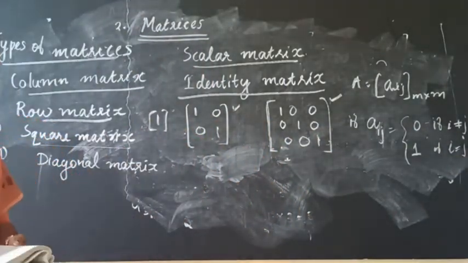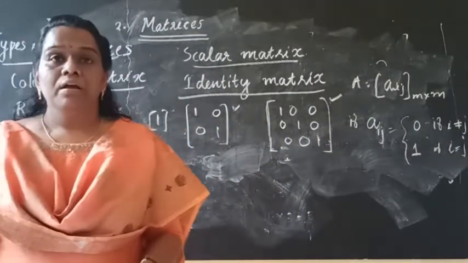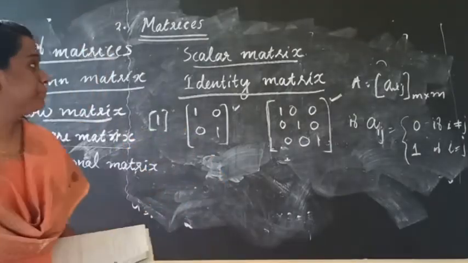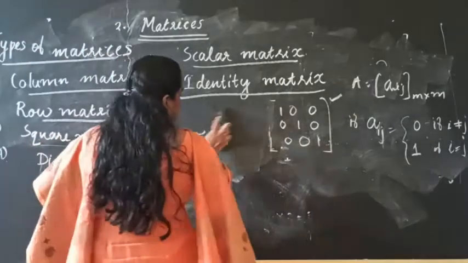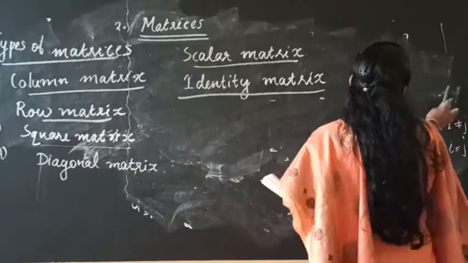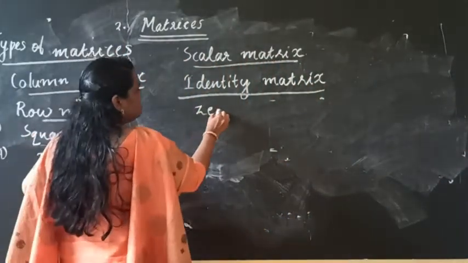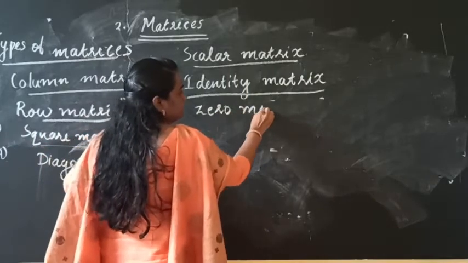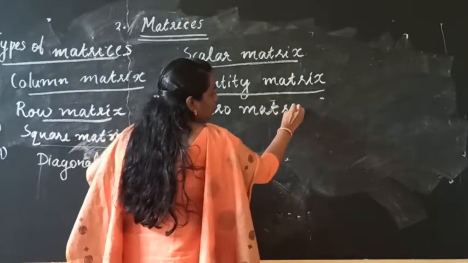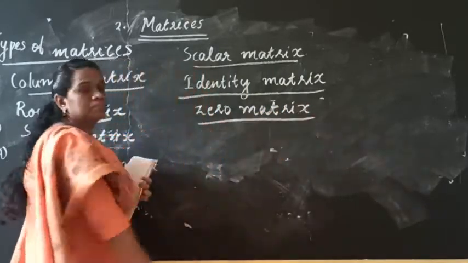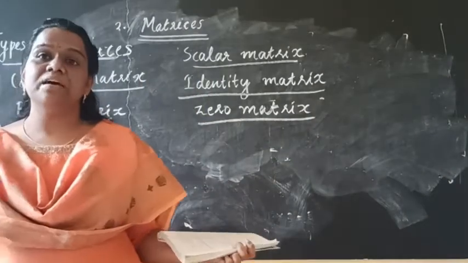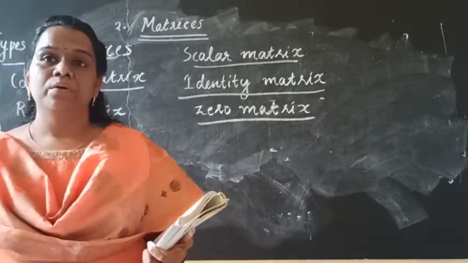So let's move to the last section: zero matrix. Zero matrix means all the elements are zero.